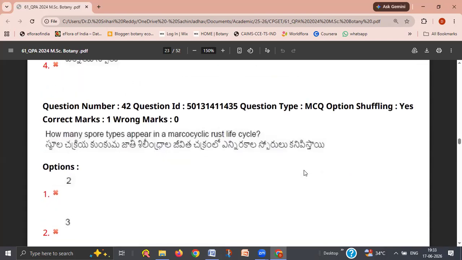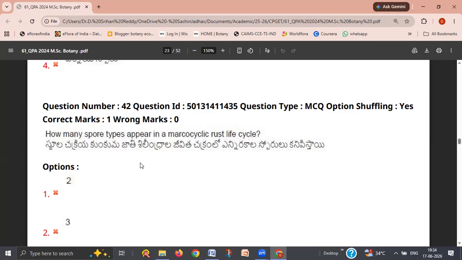And one more question related to Puccinia. What do they ask? How many spore types appear in a macrocyclic rust life cycle? So they asked indirectly about the Puccinia life cycle. What is the macrocyclic life cycle?